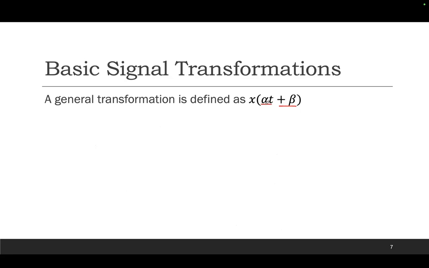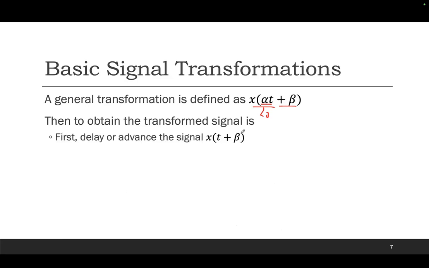If alpha is smaller than 0, it will include some time reversal, am I right? So if you know the original signal and this is a new signal, and you want to obtain the transformed signal, what should you do? Do you remember? For the first step, it's always to obtain the time shift.